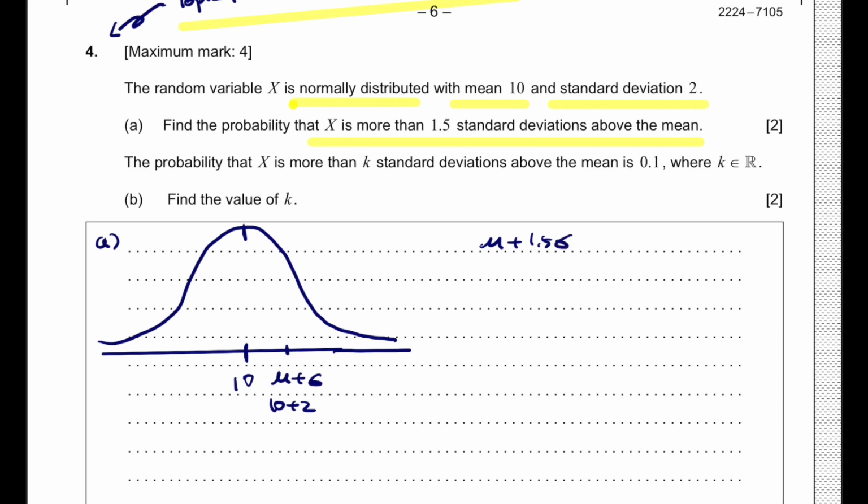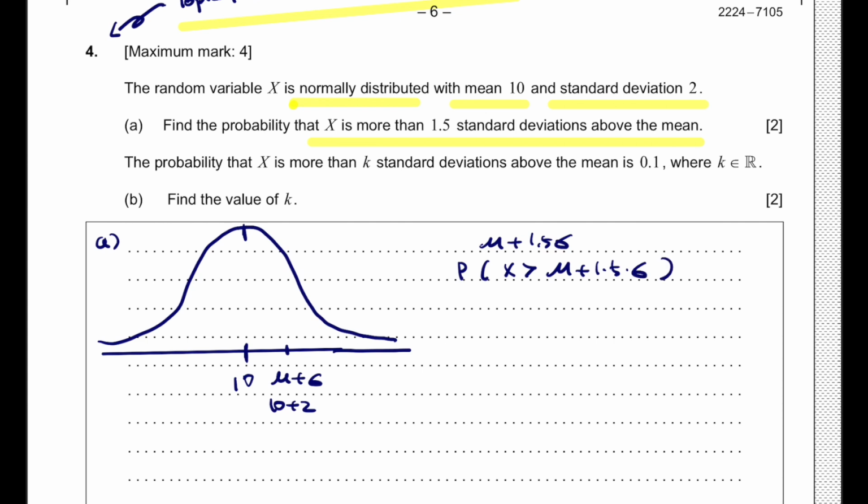So finding this probability means calculating P(x is greater than mean plus 1.5 times standard deviation).